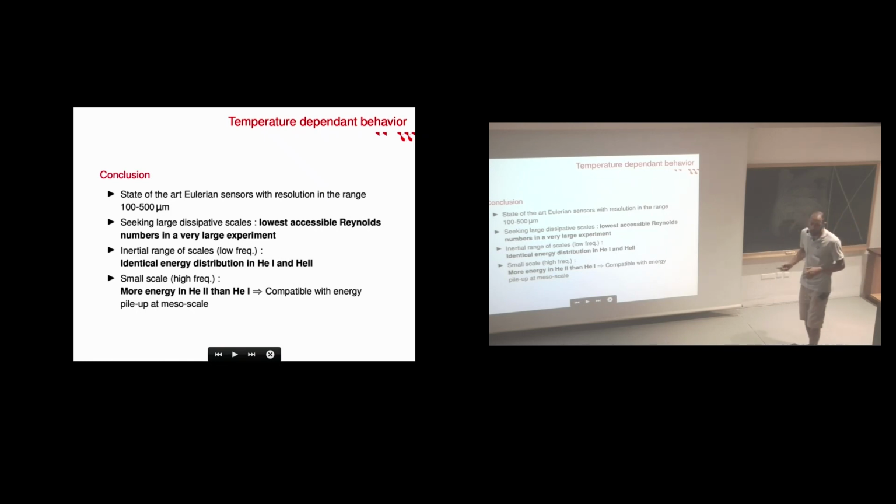We have confirmed the usual results, which is that at large scale, nothing is different in helium-1 and helium-2. And we see more energy at high frequency in helium-2, which is compatible with the energy pileup that all models predict.